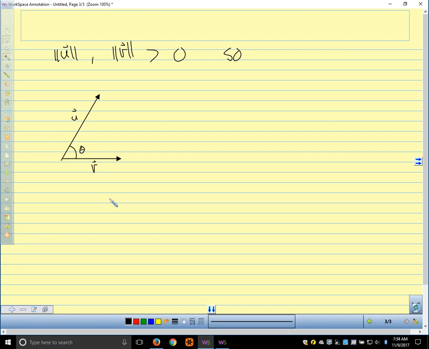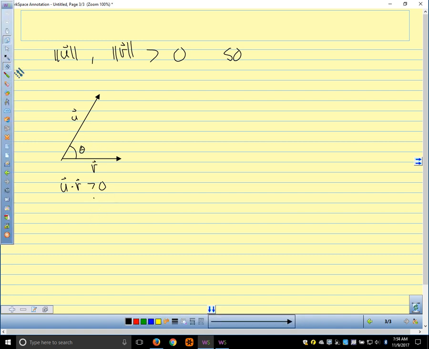Positive. So if the angle between our two vectors is acute, u dot v is greater than 0, because the magnitude of u and the magnitude of v are positive, and the cosine is positive.